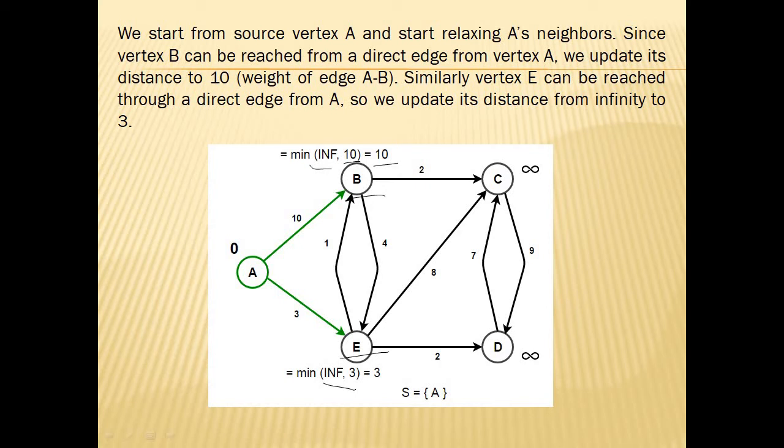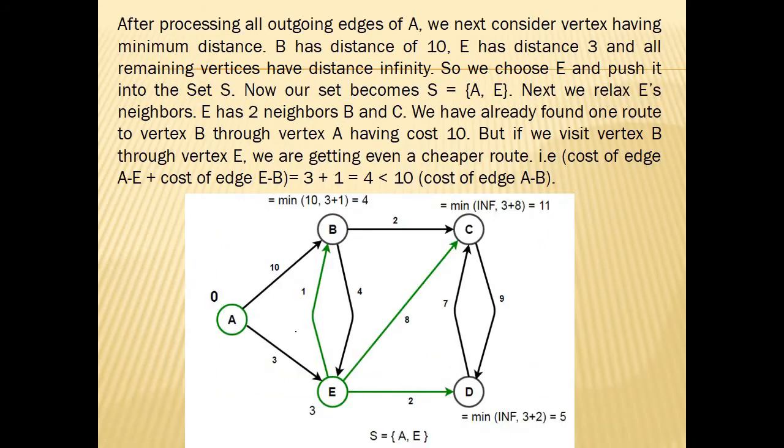So we calculated, and among these two adjacent vertices, we need to choose one to proceed, which is having less weight. So among B and E, we found E is having less weight, so we'll consider that one to proceed next.